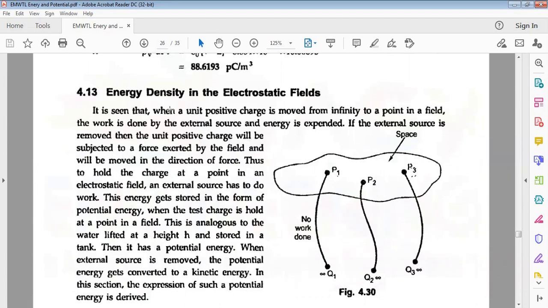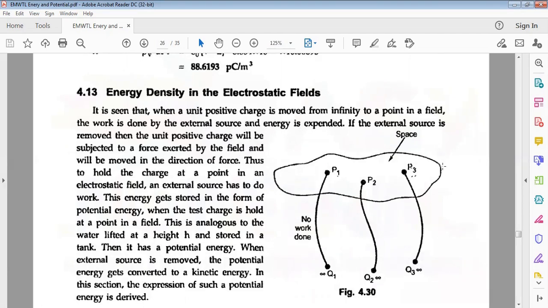See, when a unit positive charge is moved from infinity to a point in a field, work is done by the external source and energy is expended.